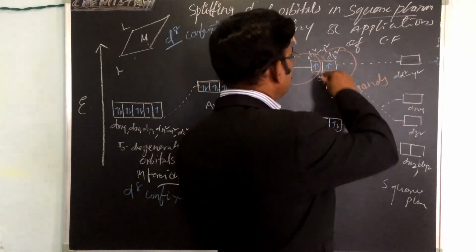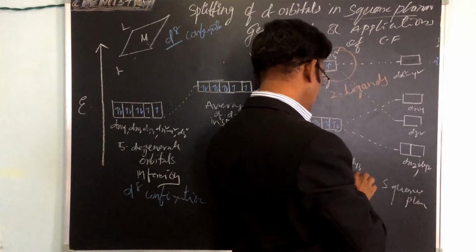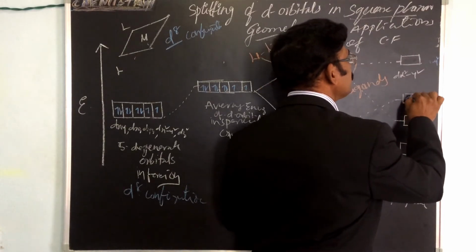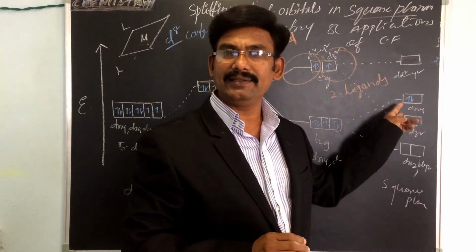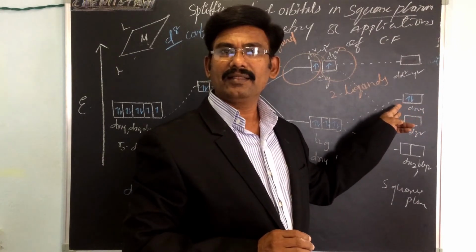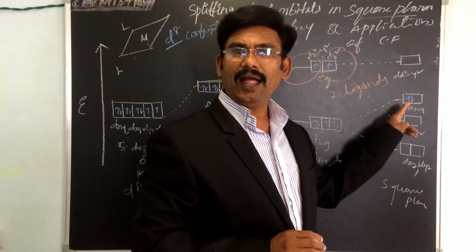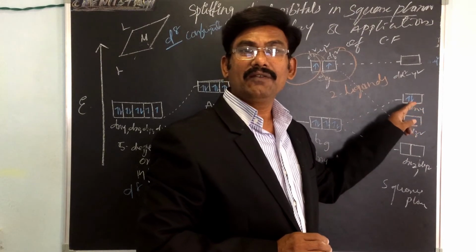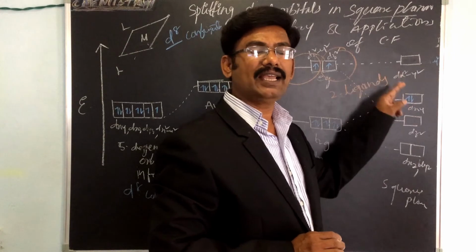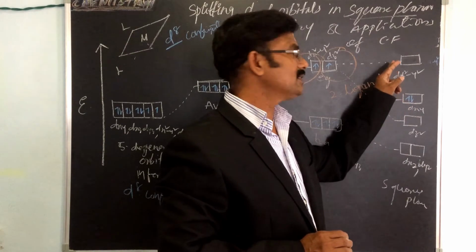Here, these 2 electrons will come to here. A stable arrangement arises here. The Eg electrons pair up and occupy the lower dz square, with the dx square minus y square orbital empty.